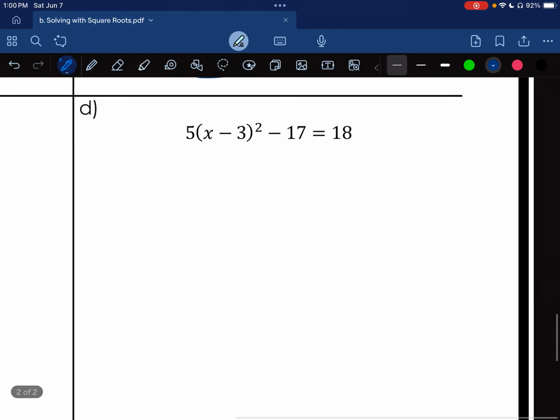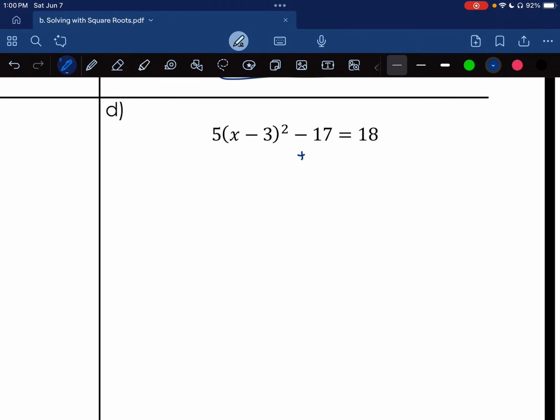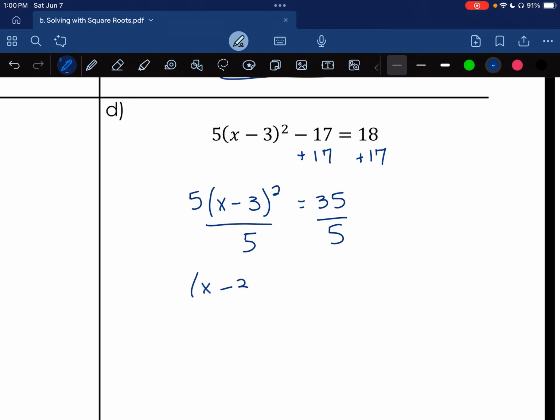Over here, we're going to add 17 to both sides, and we'll end up with 5 times (x minus 3) quantity squared is equal to 35. And divide both sides by 5, and we'll end up with (x minus 3) quantity squared is equal to 7. Square root both sides, and we'll have x minus 3 is equal to plus or minus radical 7.